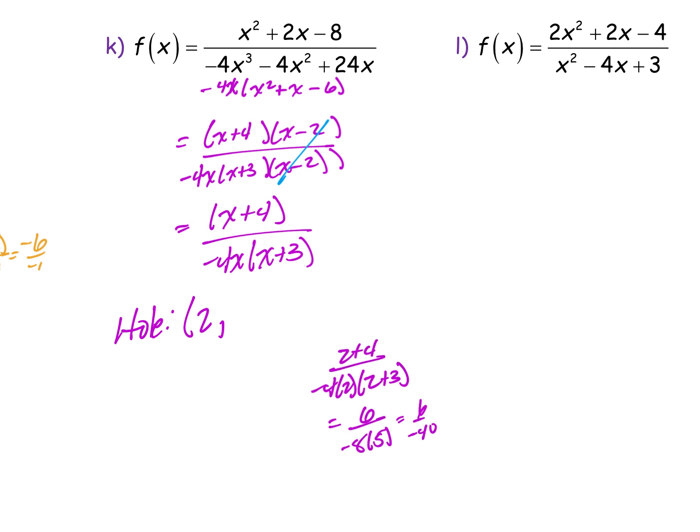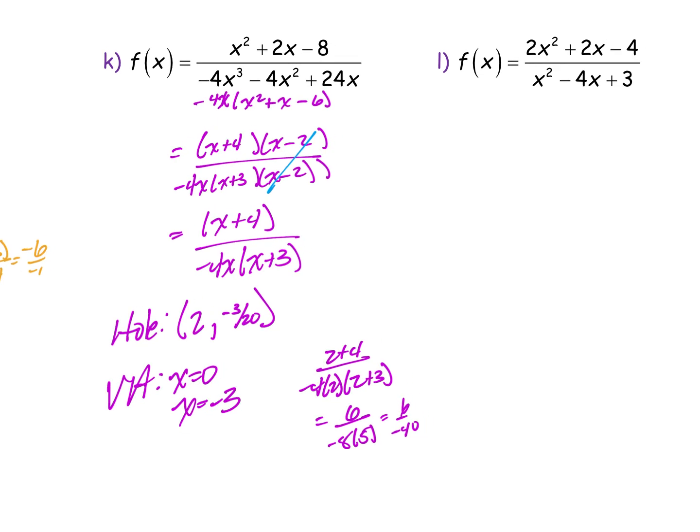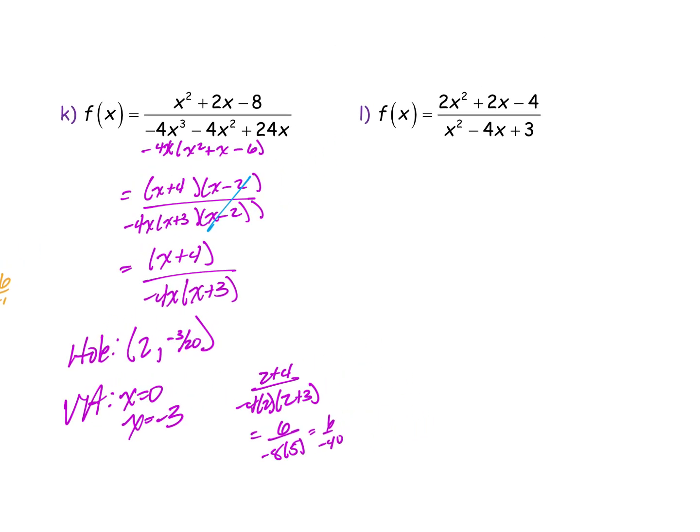So -3 over 20. Wow, okay. And my vertical asymptotes are x equals 0 and x equals -3. That was an ugly one.